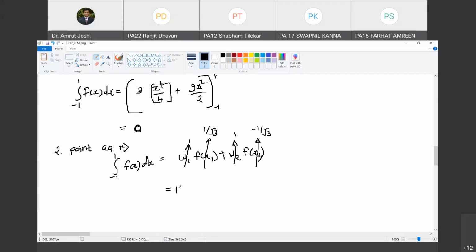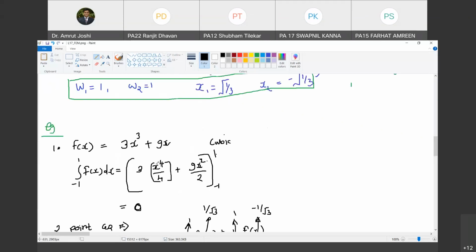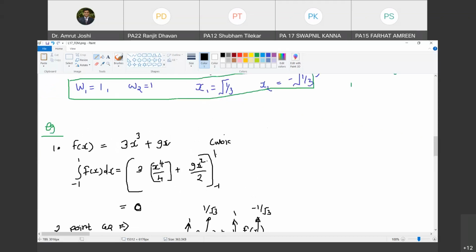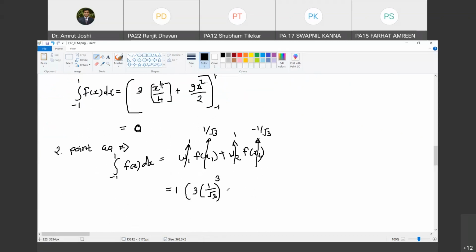Okay. Now let me substitute these values here. So w1 is 1, f of 1 by root 3. So what is f of 1 by root 3? Tell me. 3 into 1 by root 3 cube plus 9 into 1 by root 3. Happy? Yes. So ये हुआ first term. Second term is w2 is 1, 3 into -1 by root 3 cube plus 9 into -1 by root 3.